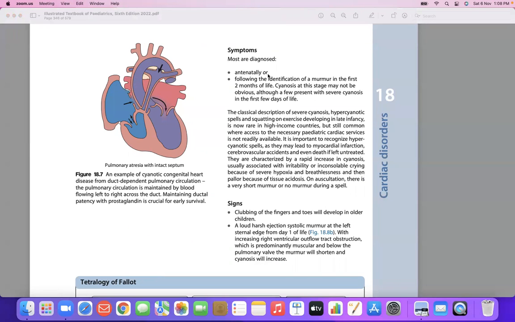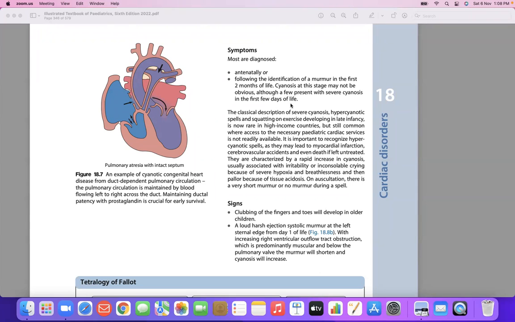So symptoms here, most are diagnosed antenatally. They can be diagnosed antenatally by the anomaly scan at 18 to 20 weeks, or there can be identification of a murmur in the first 2 months of life. Cyanosis at this stage may not be obvious, although a few present with severe cyanosis in the first few days of life.